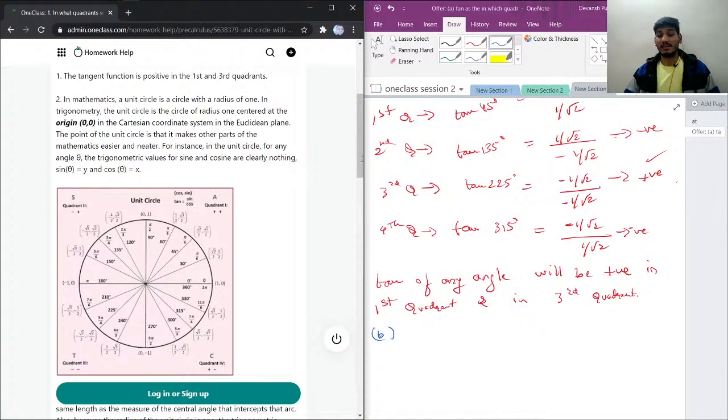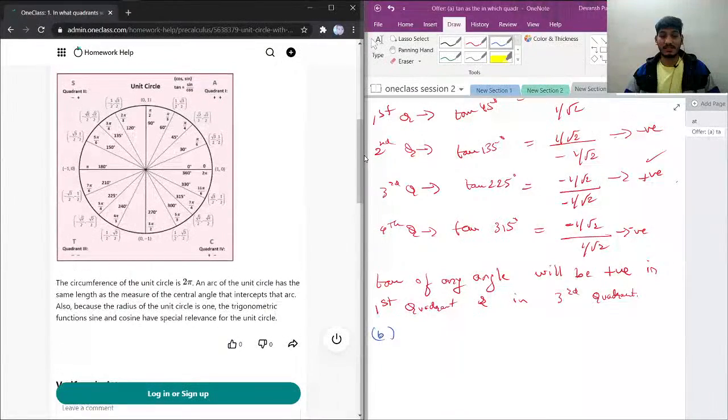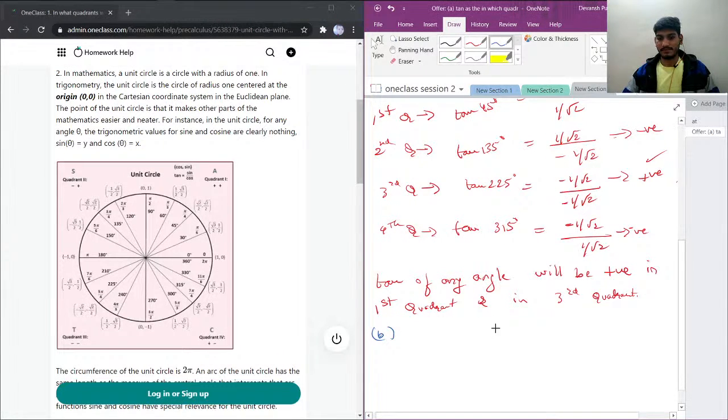For instance, in the unit circle, for any angle theta, the trigonometrics of sine and cosine are clearly nothing but sine theta is y and cosine theta is x. Well, I cannot guarantee this part as is if it is correct, but yeah, this is basically correct because when we take the, so I'll just draw a circle here again.